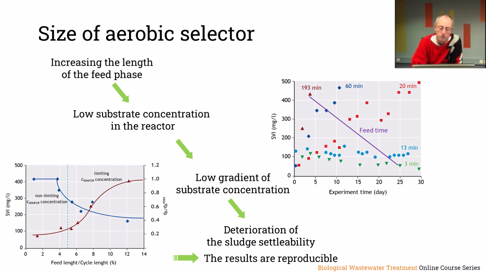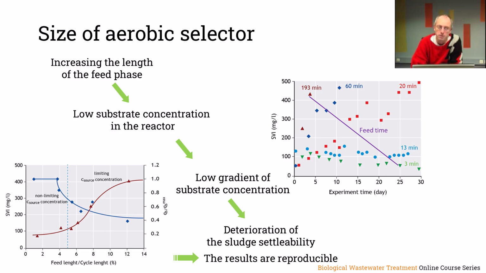And the yellow line displays something different. That's the rate at which the bacteria take up the substrate as a relative rate. So if it's 1, they take it up at their maximum rate. If it's 0.4, they take it up at 40% of their maximum rate. Now what you see here again is that if you get more and more in the direction of completely mixed, filamentous bacteria get the advantage. They will take over.